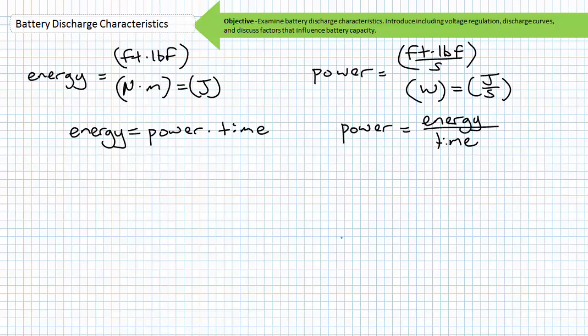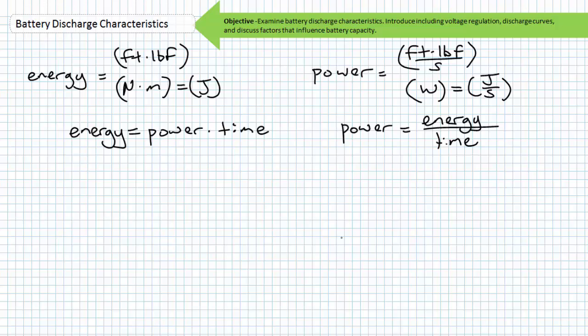Energy is ordinarily measured in units of foot-pounds force, or joules, where a joule is a newton of force expressed for a distance of a meter. Power, in contrast, is measured in units of foot-pounds force per second, or watts, where 1 watt is 1 joule per second. Power is a unit of energy, the joule, per unit of time, the second.